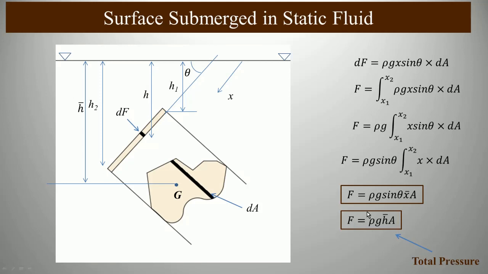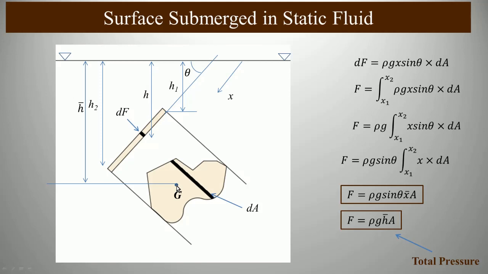Now we know the total force acting on this particular surface. If you compare with center of gravity, what is center of gravity? It is the point where all the mass, or the weight, can be assumed to act. For all practical purposes, the weight can be assumed to act at the center of gravity.